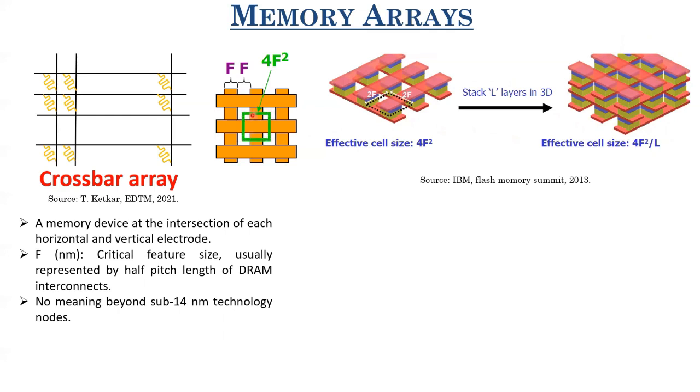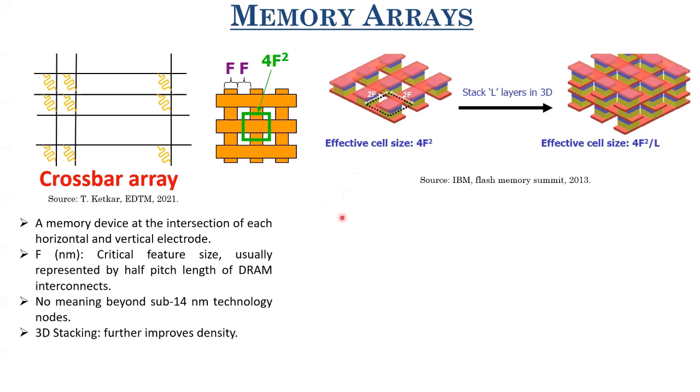Now in the same layout area, the area while looking from the top, you will have an effective area of 4F square divided by L, or the total number of cells would be L. So that is an advantage which you can exploit because of its 2-terminal nature, right?